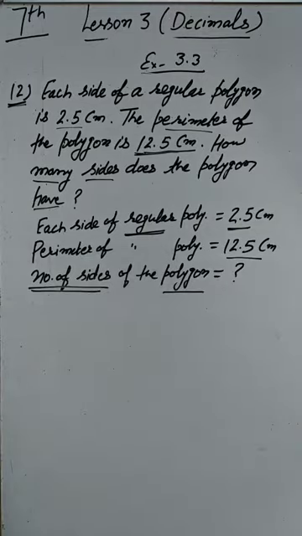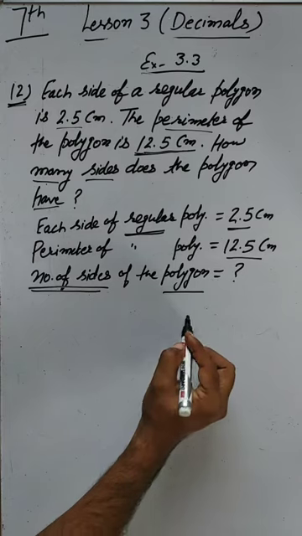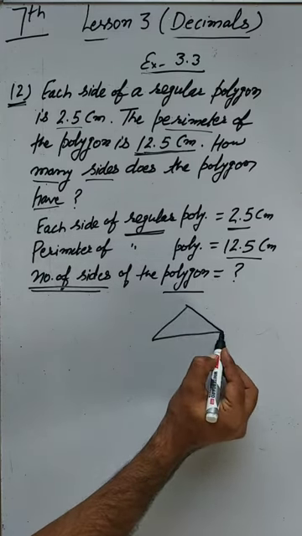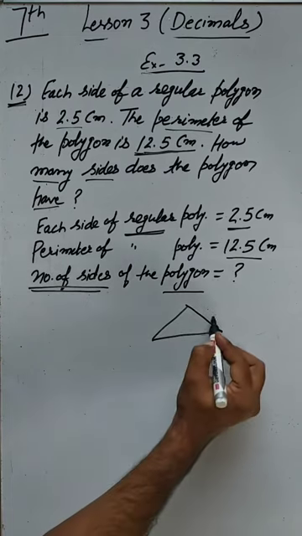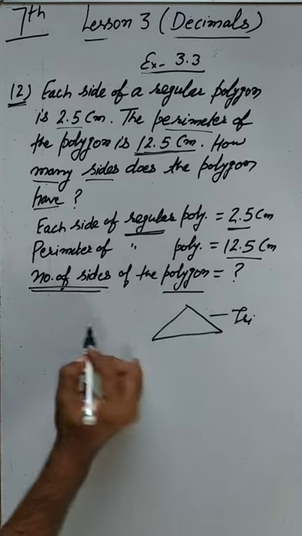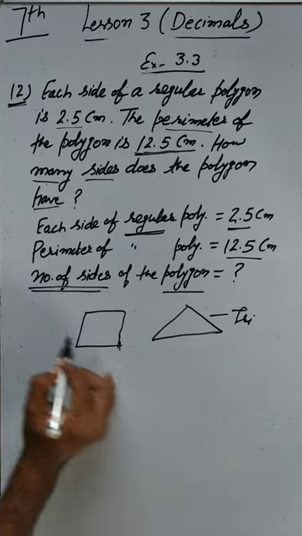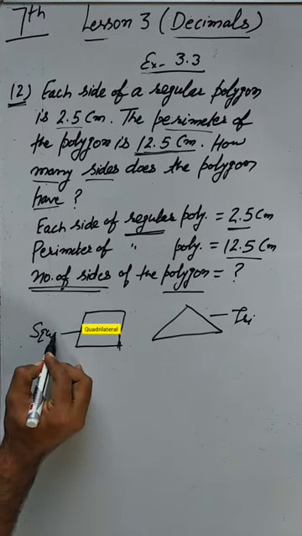Beta, you all know what a polygon is, but still I am reminding you: a polygon is a closed figure. If it has 3 sides, it is called a triangle. If it has 4 sides, then beta it is called a square.